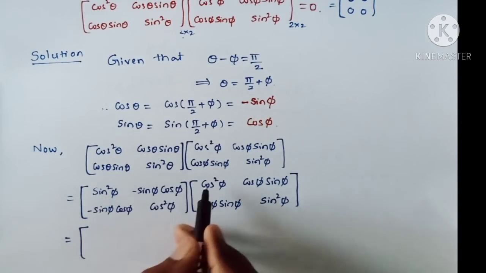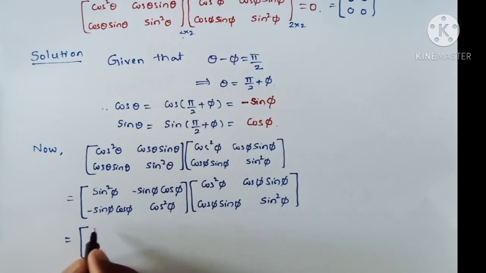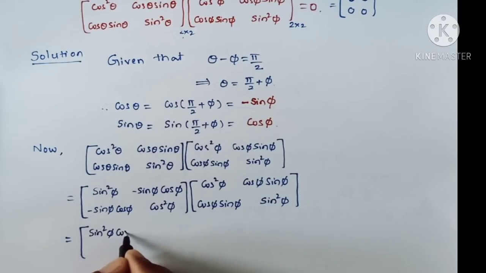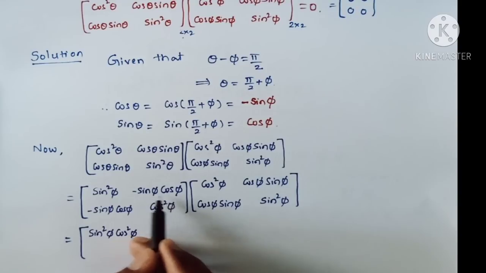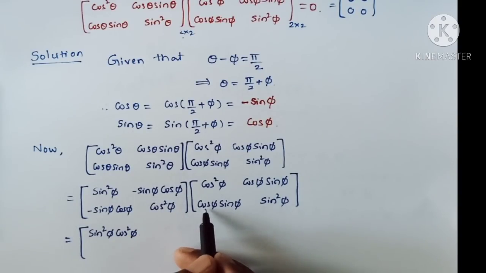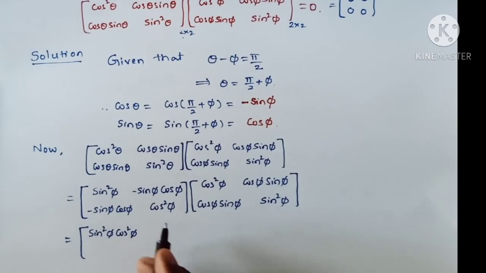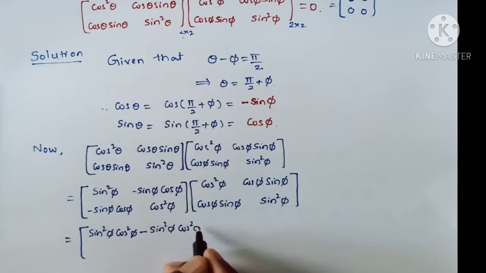So multiply these two, sin square phi into cos square phi, that is sin square phi cos square phi, and minus sin phi cos phi into cos phi sin phi, that is minus sin square phi cos square phi only. You can observe that.